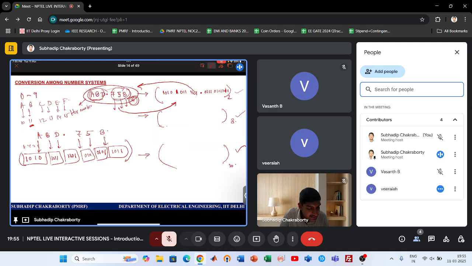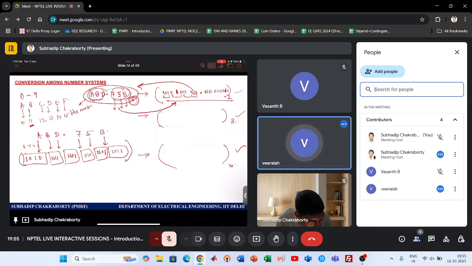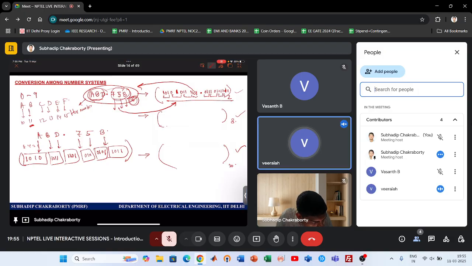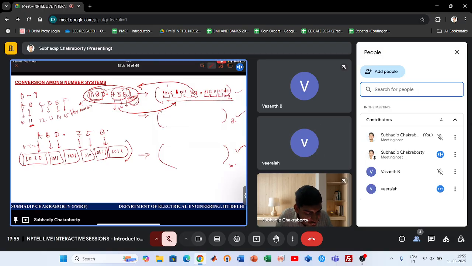But we also want the octal. What to do? Since I have the binary with me, I can regroup into 3, because octal means 3-bit code. But you need to follow the grouping carefully. So kindly tell me what you are getting in these placeholders. 101 means 5.